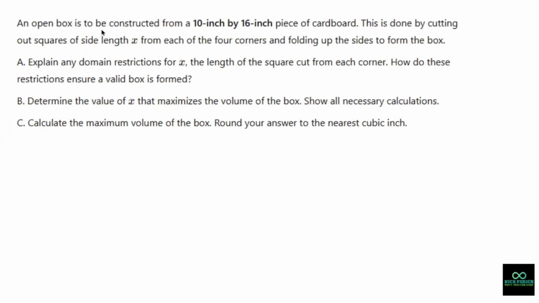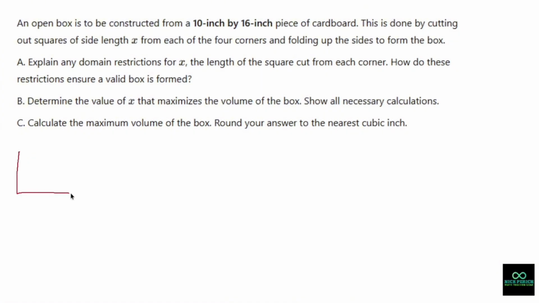An open box is to be constructed from a 10-inch by 16-inch piece of cardboard. This is done by cutting out squares of side lengths x from each of the 4 corners and folding up the sides to form a box. Let's draw a picture.